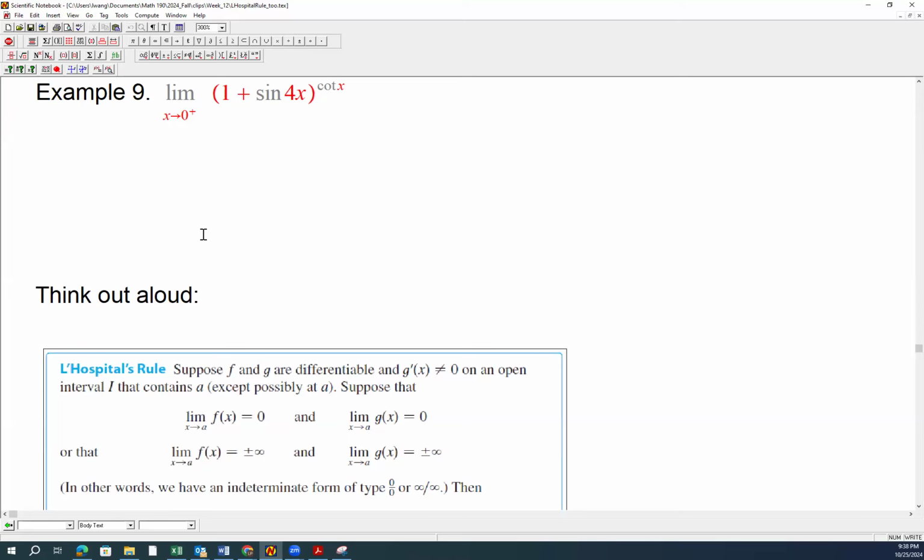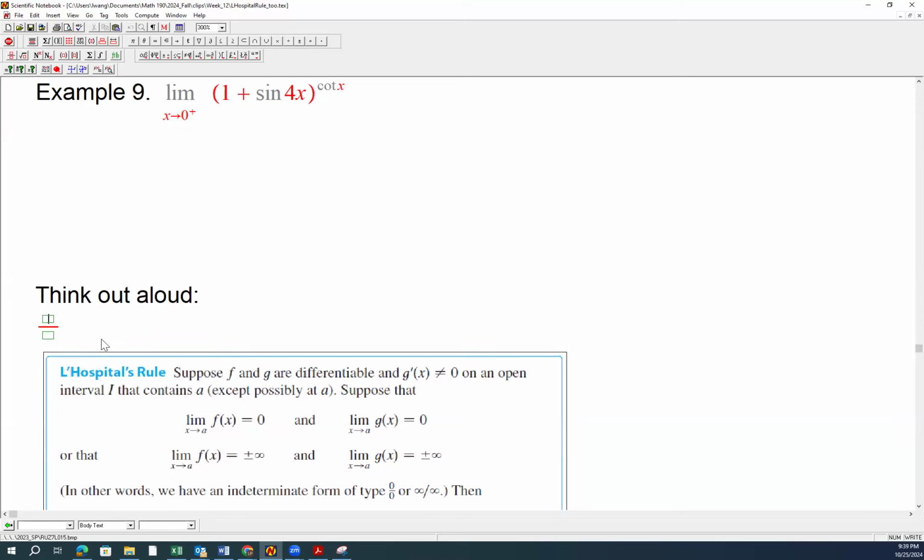Cotangent x is equal to cosine x divided by sine x.